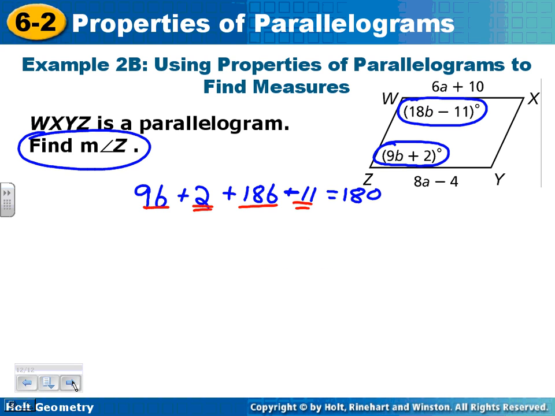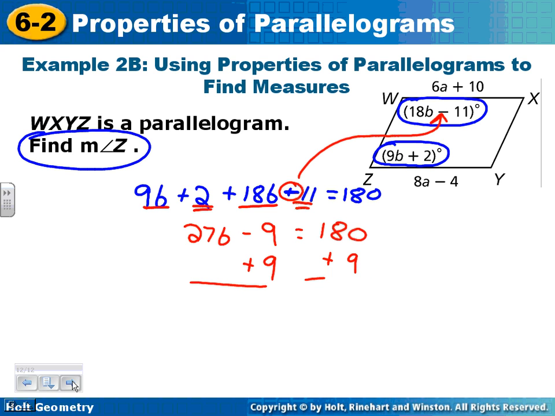The problem is that sign right there is a minus sign. Notice it's a minus sign. So when I collect like terms, it's 27b, and it's 2 minus 11, so it's minus 9, equals 180. And then I would add 9 to both sides. Sorry about this. So 27b is 189.